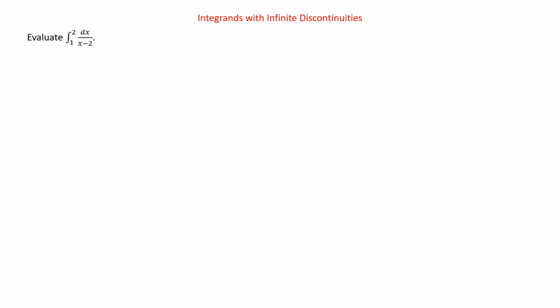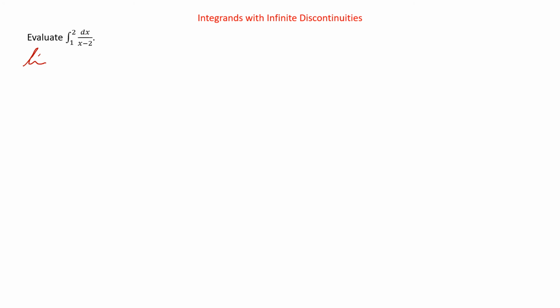So here we're going from 1 to 2 of 1 over x minus 2. So it's continuous up to 2, but not at 2. So this is the same idea, except it's just an endpoint again.